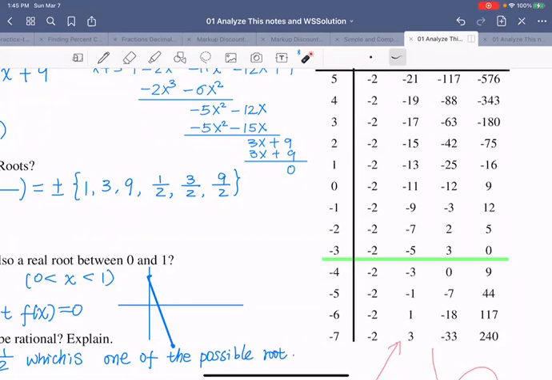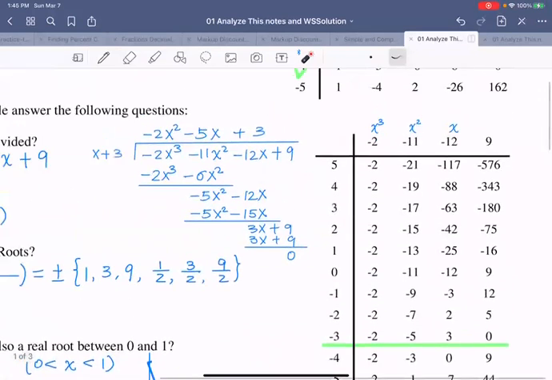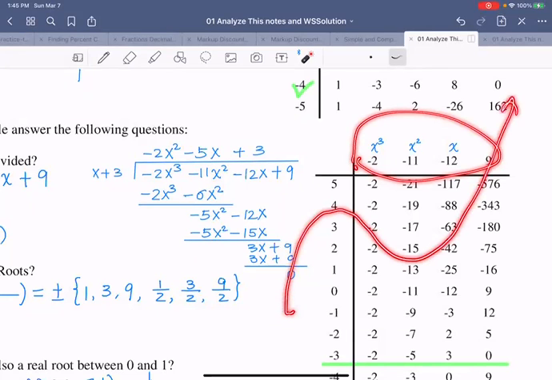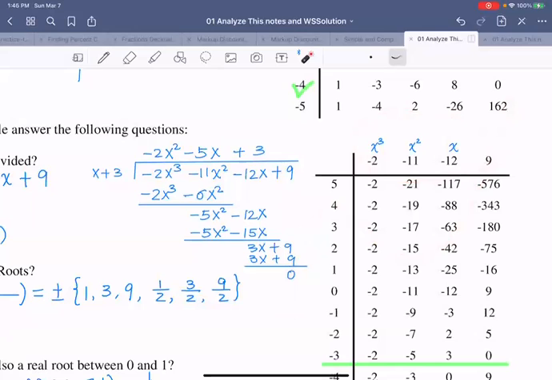So what I'm saying is, when we draw those polynomials, negative 2x cubed minus 11x squared minus 12x plus 9, this is a polynomial, something like that. And this is a continuous function.